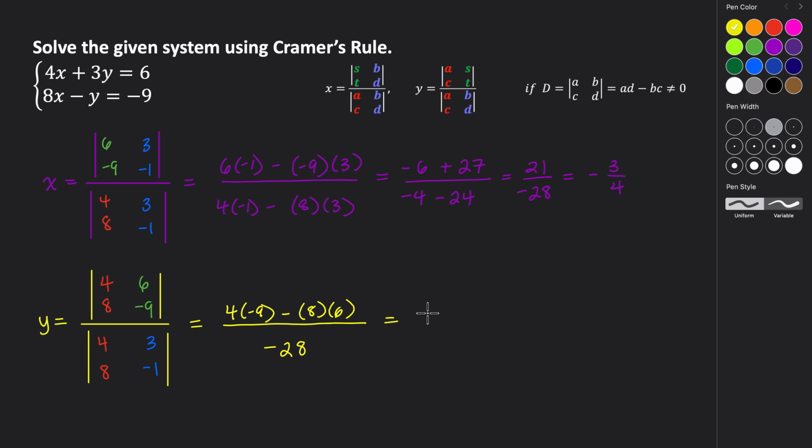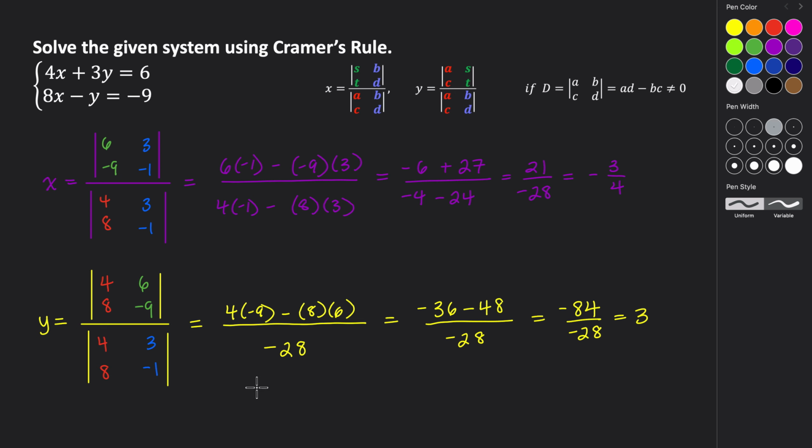So we get -36 minus 48, all of that divided by -28. So that gives us, what is that, -84. -84 divided by -28. When you do this division, we get, what, 3? 3.